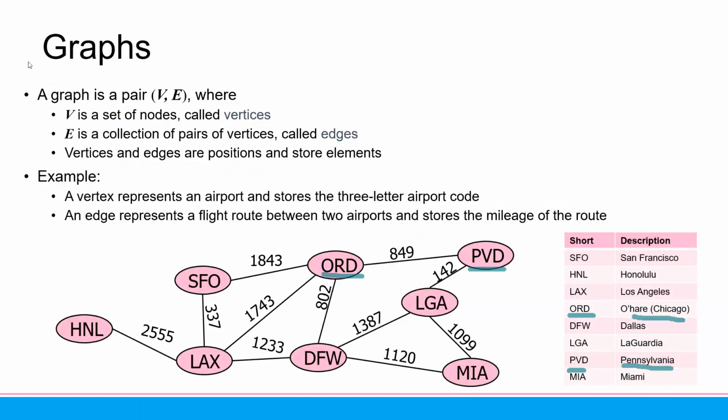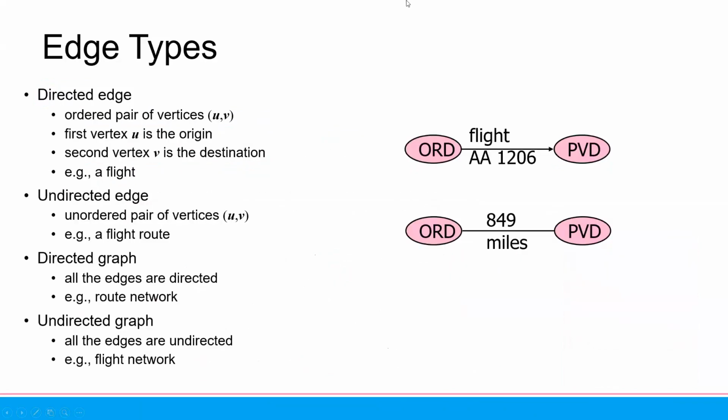And in this case, the flight number will be AA 1206, just an example. We call this a directed edge. So if you see any arrow, then you can say that this is the directed edge.